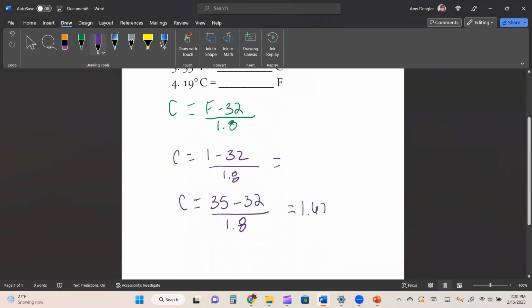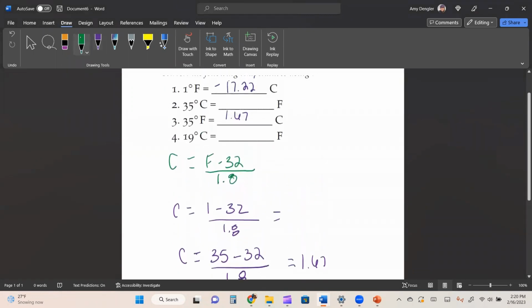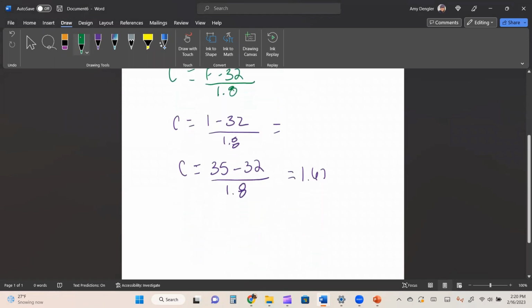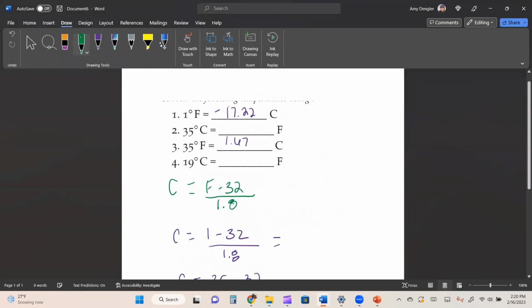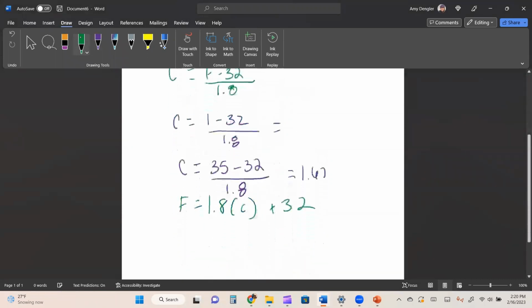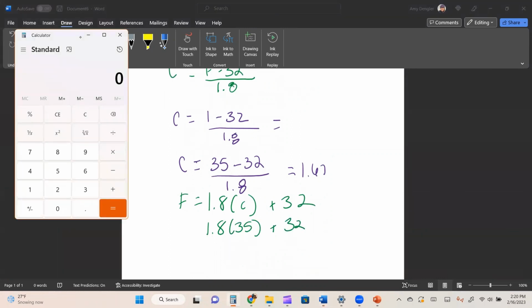All right, for the next part, we're going to go from Celsius to Fahrenheit, so we're going to use the other formula. And we have 35 degrees Celsius. So I'm going to plug that in. So first we need to take care of the multiplication.